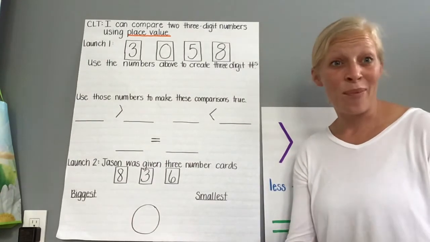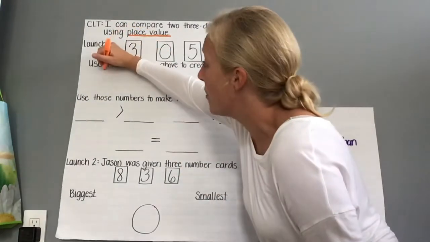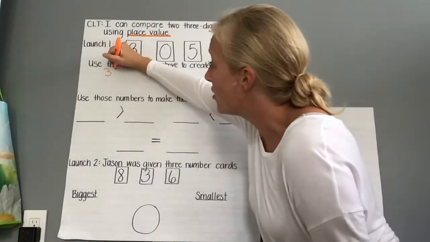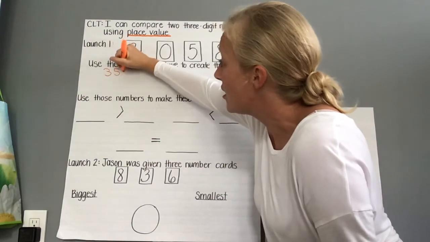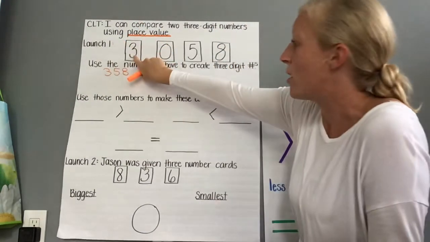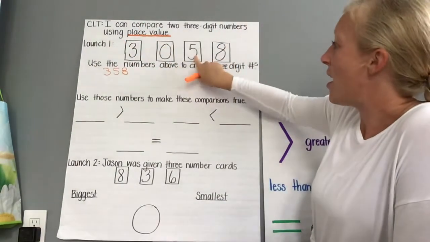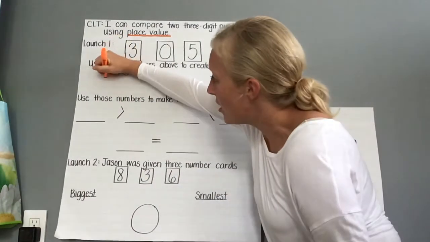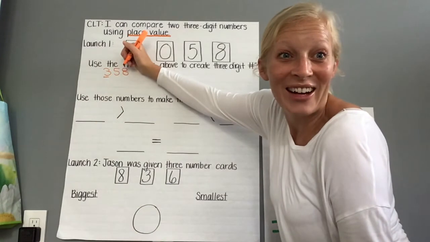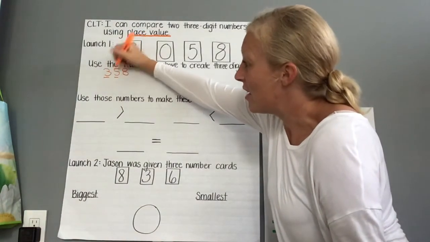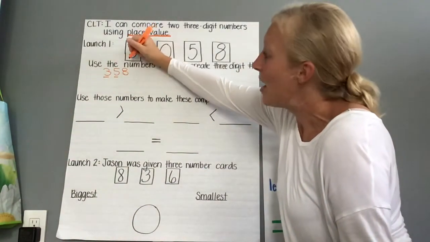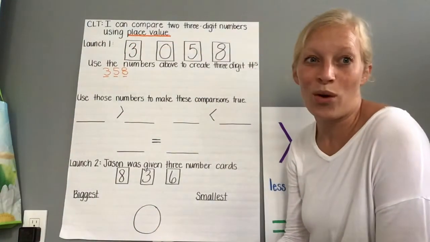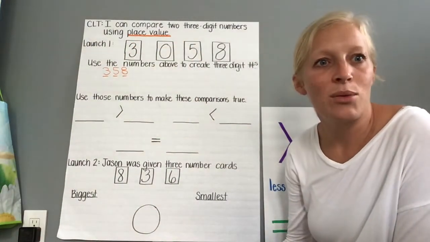So for example, maybe I make the number 358. I use my 3, I use my 5, and I use my 8. In this case, my 3 is worth 300. My 5 is worth 50. And my 8 is just worth 8. But guess what?